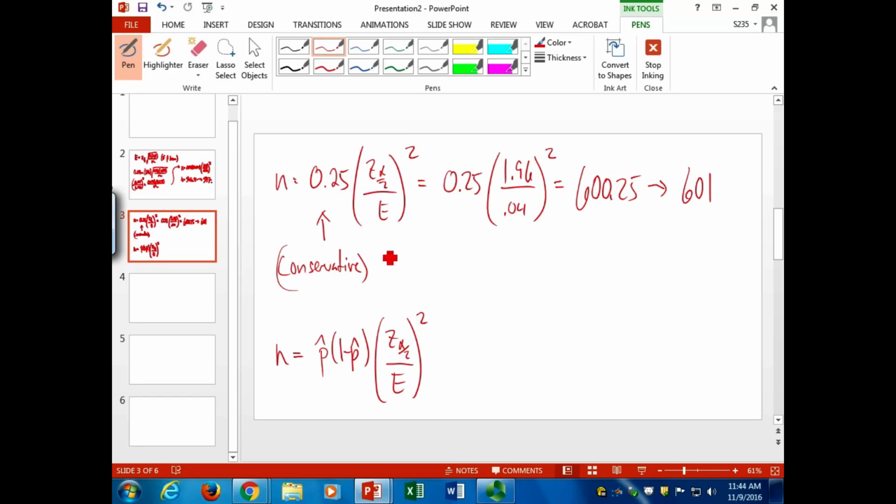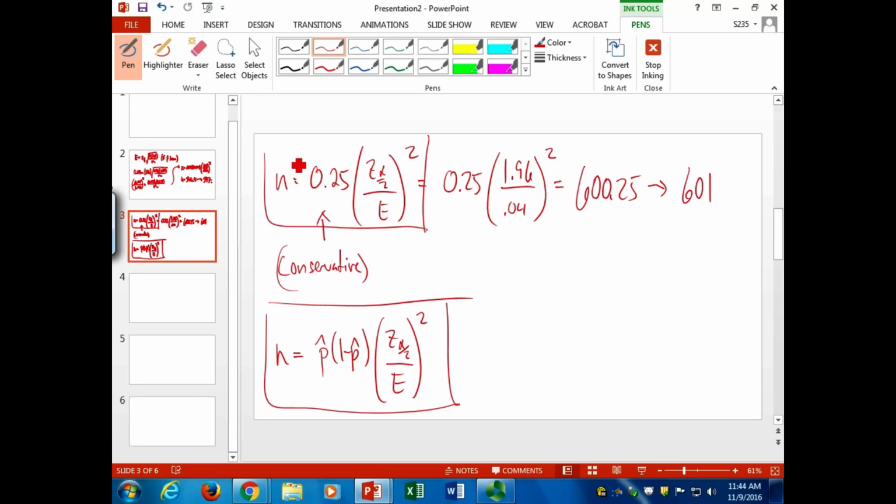I have a hard time remembering all the formulas sometimes. That's technically the estimate if you knew p hat, but because we usually don't, we just use a conservative estimate where we say, well, the most this could possibly be is a 50-50 split. So 50% times 50% is 25%. So that's our conservative estimate.